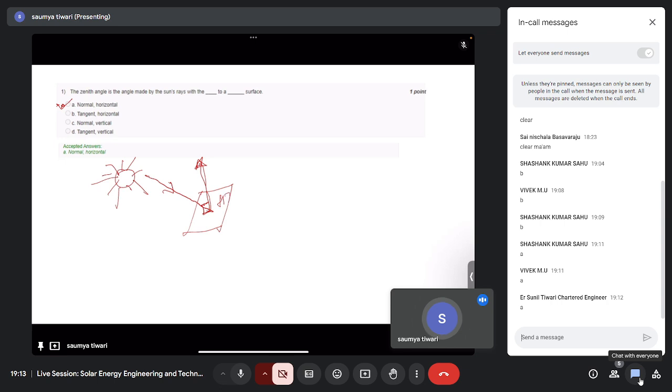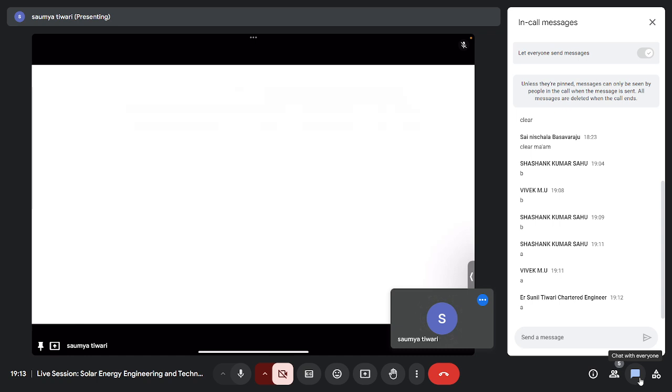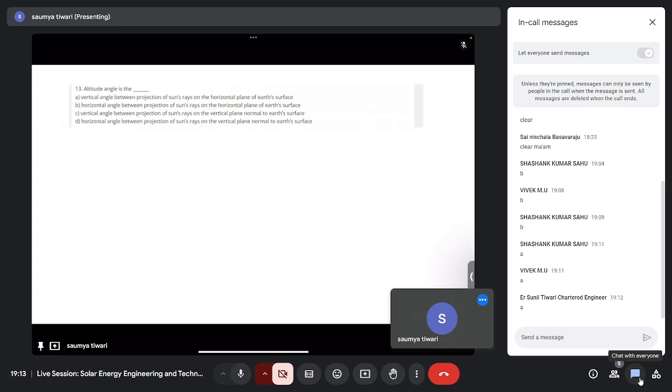So this is your horizontal surface, this is the normal. This angle is your zenith angle, denoted by theta z. Now the altitude angle is the angle between which?